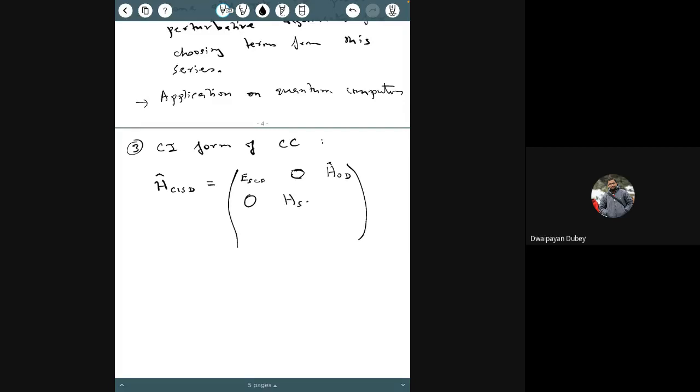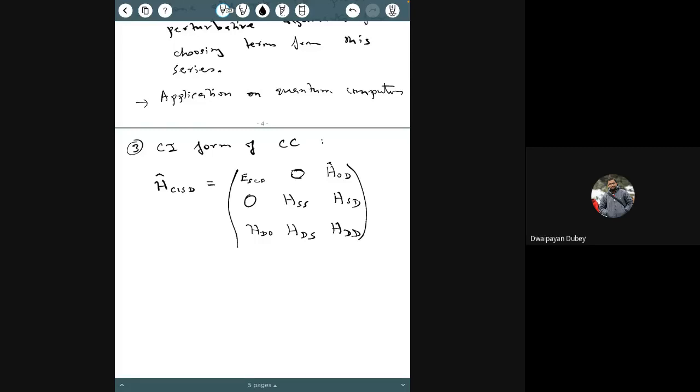So let me put the diagonals down first. And these are the matrix elements that you need to evaluate, and then you diagonalize this matrix.